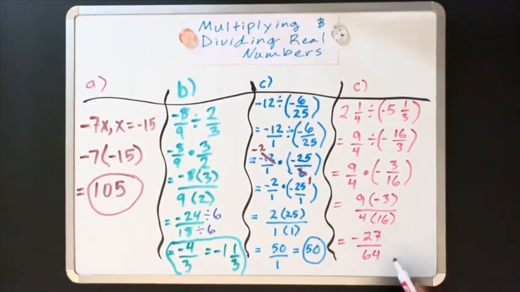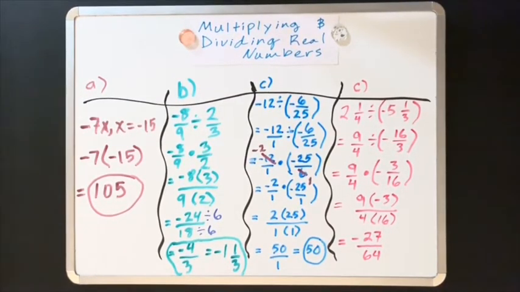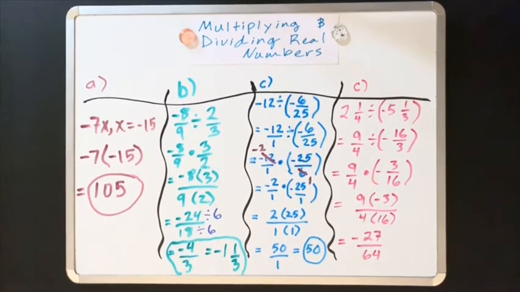And now we look and see, can we reduce this fraction? Can we divide these numbers by a greatest common factor? Well, the factors of 27 are odd numbers, because we have 3 times 9, which is 3 times 3 times 3.